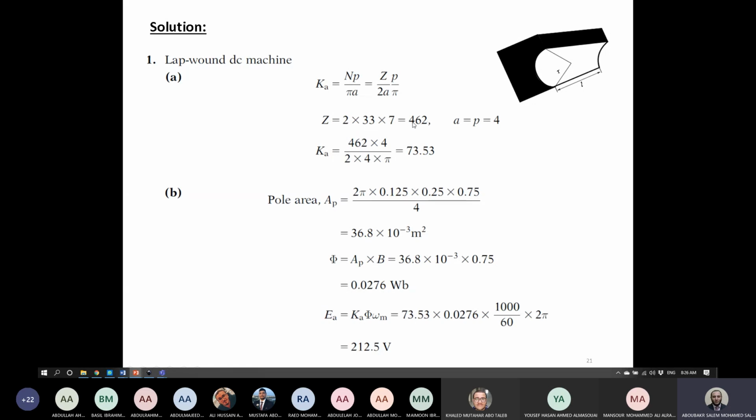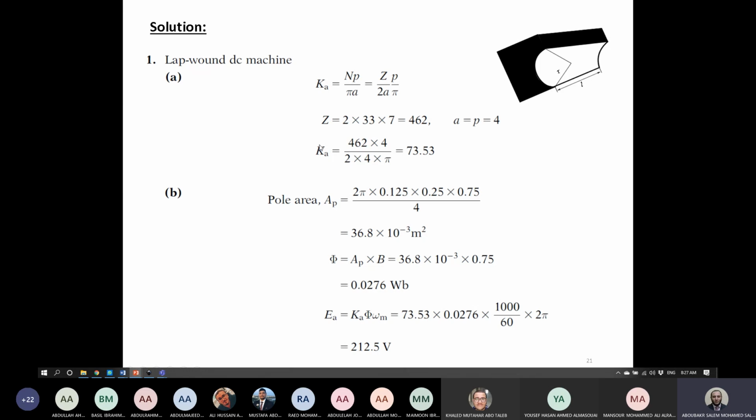And here in lap winding, the number of parallel paths is equal to the number of poles. The machine here is 4 poles, so A equals 4. Now you can substitute in the relation and get the value of Ka. So this is now the value of Ka. Right.